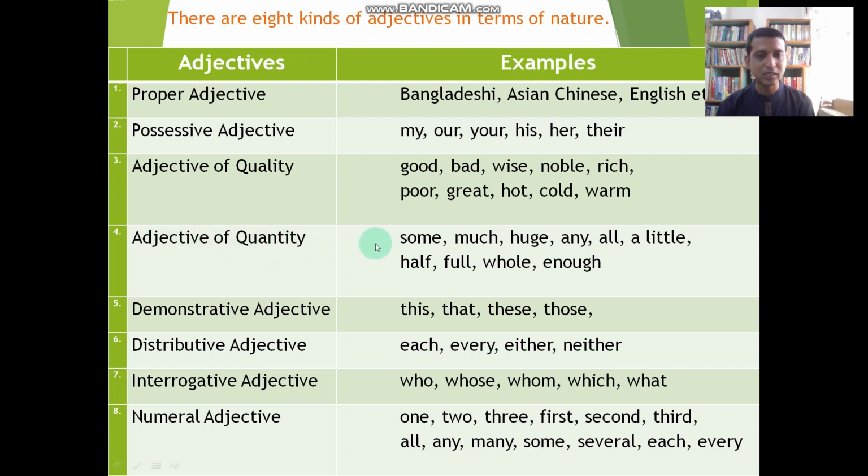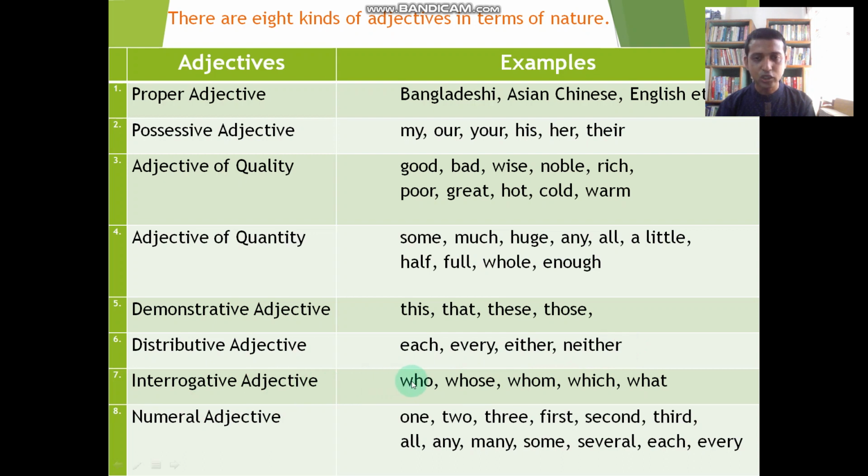Adjective of quantity: some, much, huge, any, all, a little, half, whole, enough can be the examples of adjective of quantity. Demonstrative adjective: this, that, these, those are the examples of the demonstrative adjective. Distributive adjective: each, every, either, neither can be functional as a distributive adjective.